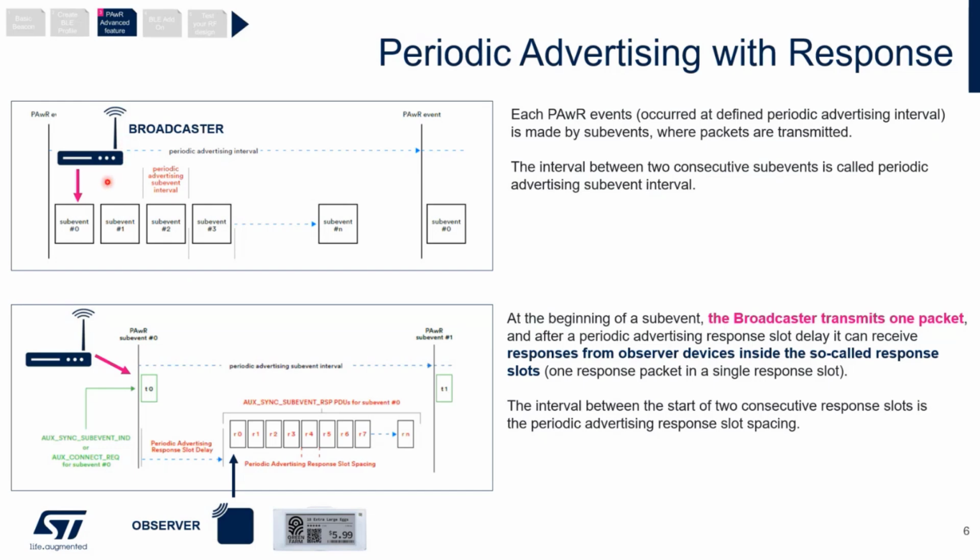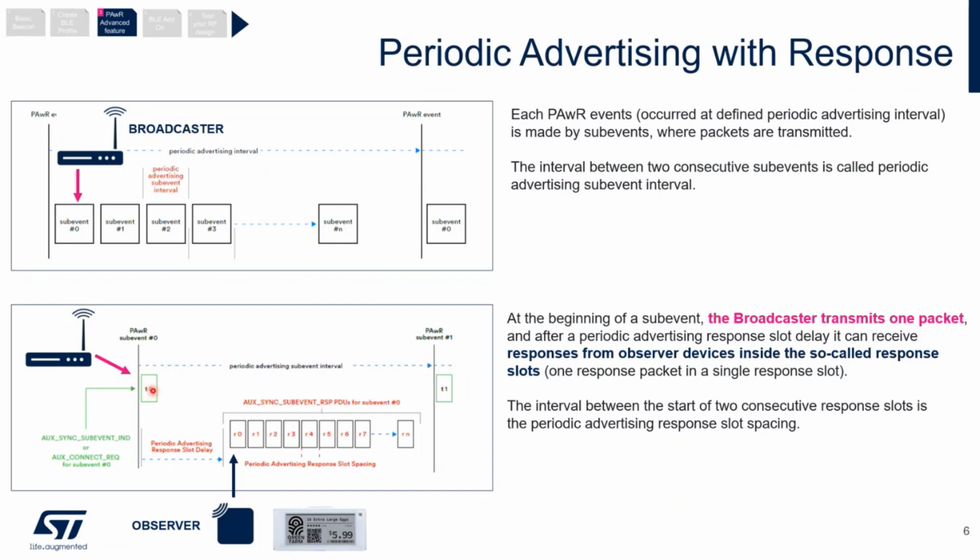So what will happen? First of all, the technology is a bit like TDMA technology, so we are splitting the time, okay? And the broadcaster is pushing some data over the air on some sub-event. Sub-event is more or less the way to do some grouping. So let's say a sub-event is a group. So the broadcaster will push some data for group 0, sub-event 0. Okay, so the data will be pushed over the air, over advertising extension, and those data will be pushed on a specific slot, T0 slot here.